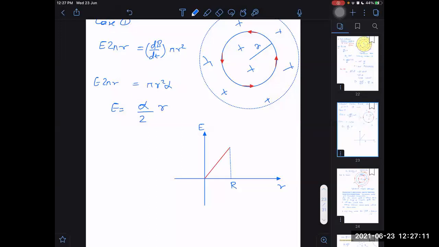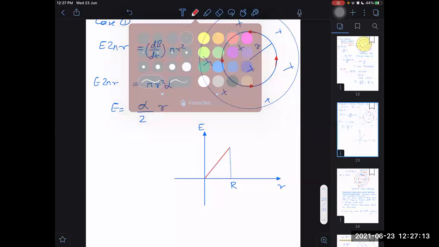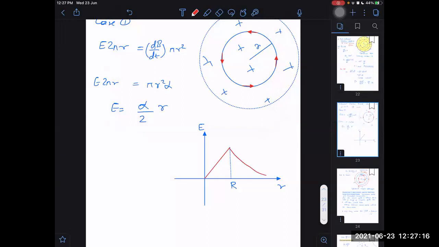This is E. I know the graph already, so I will plot the other part also, but we'll derive it afterwards. This is the induced electric field.